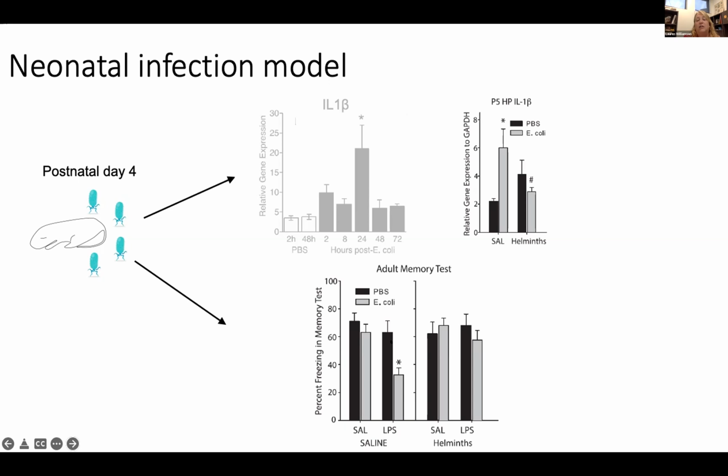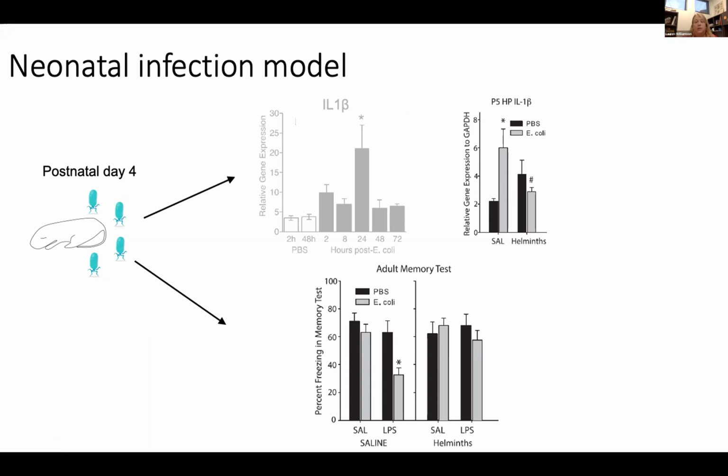And then in adulthood, we see the same pattern as previous, that the adults who got E. coli as babies and LPS as adults have impaired freezing that is rescued when both mom and babies got worms.